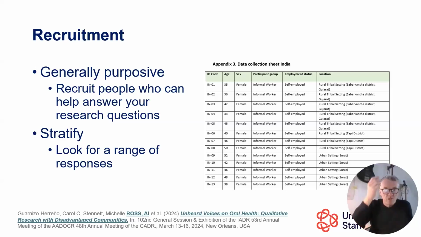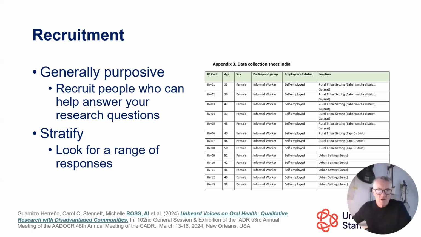When it comes to recruitment, we want to remember the theory. We're interested in people's lived experience. So we generally recruit deliberately, we say purposefully, to get a range of views and experience. It's not so much about generalizing to a wider population, like in a conventional sampling model.